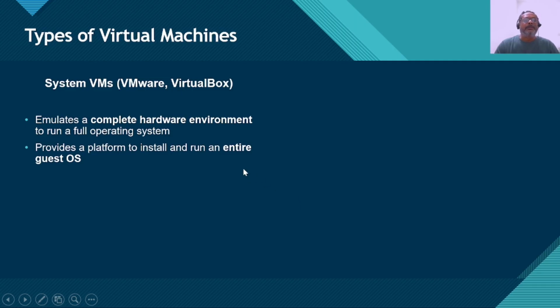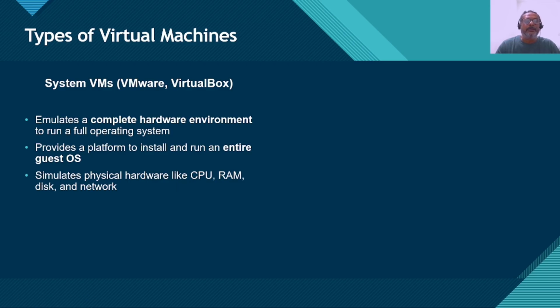So we can install the entire operating system on top of the operating system which is directly attached to the hardware, and then it simulates all the physical hardware like CPU, RAM, disk, and networks. So each user through the guest operating system feels that all the hardware is fully and independently available to the user himself or herself.